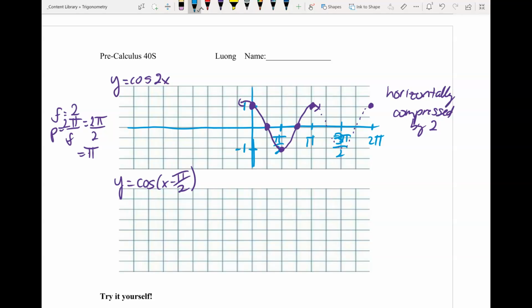I'm going to start off again by drawing my x and y axes, and labeling our x-axis.